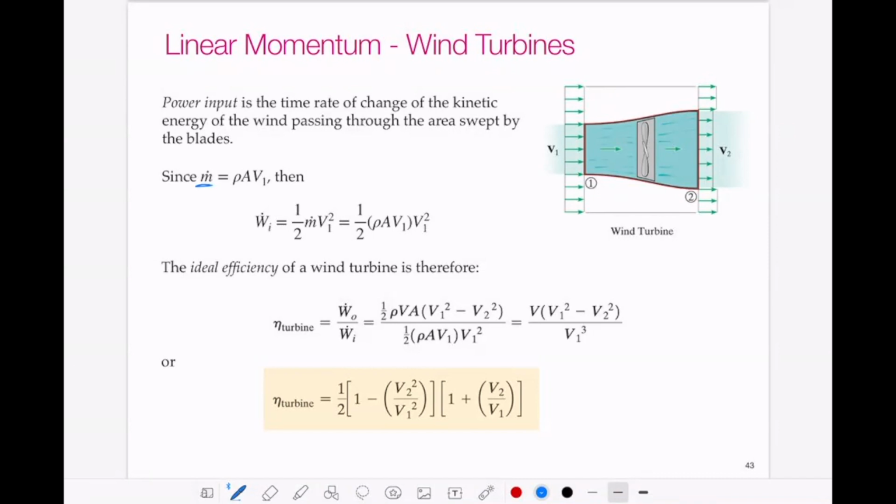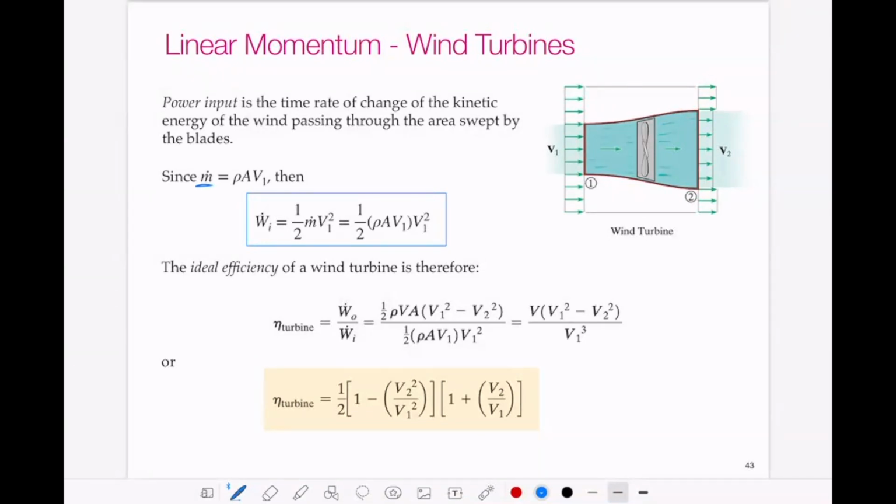And if we just make our substitution for m dot above, we have this equation for our work input. So work input is equal to 1/2 times the mass flow rate times the velocity entering squared. So essentially the kinetic energy, or the rate of kinetic energy.